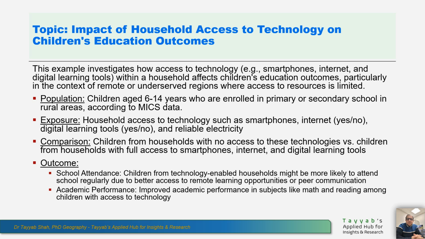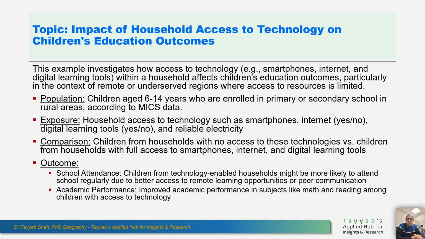So there's another situation, and this slide explains when you want to use household level data versus individual level data. One potential topic could be the impact of household access to technology on children's education outcomes.